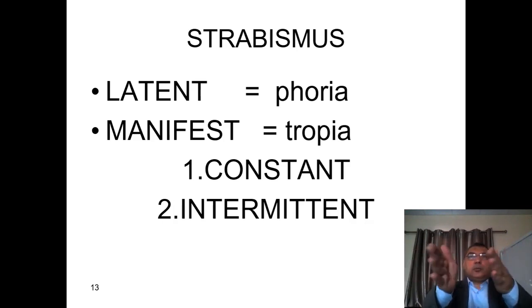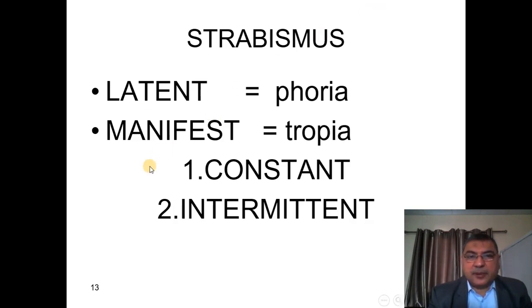So the eyes will move synchronously with their visual axes parallel in all directions of gaze. Strabismus is ocular misalignment, where the visual axis, for example, of the right eye is shifted toward the nose, and this is called esotropia. Esotropia, or manifest strabismus.